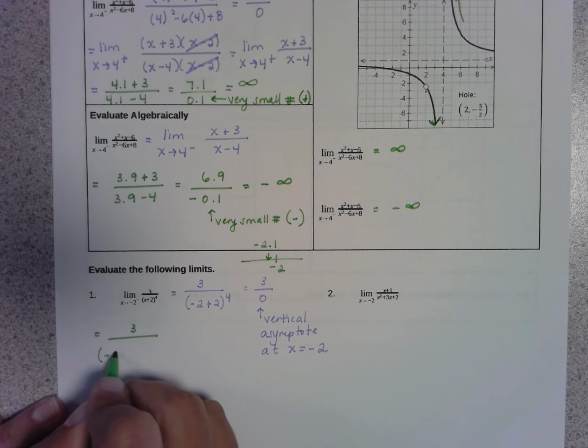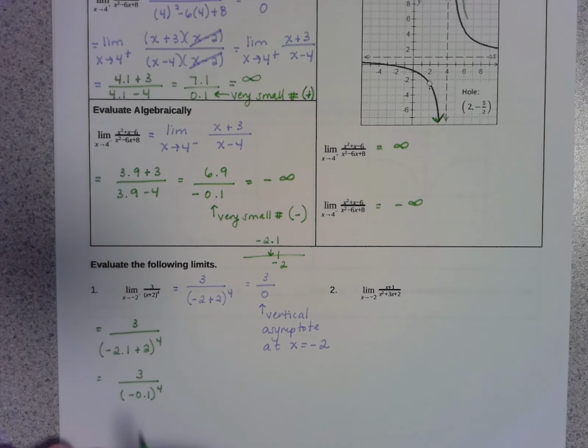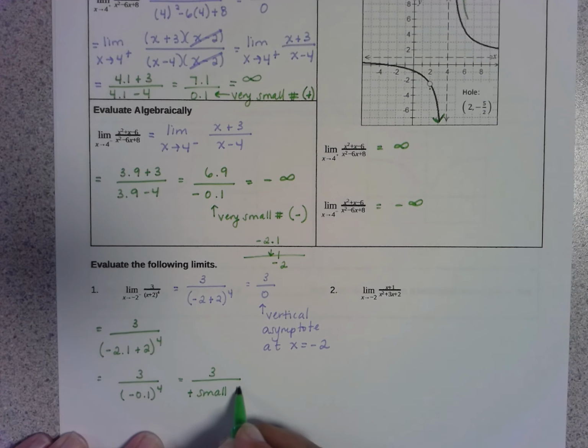Now, negative 2.1 plus 2 would be negative 0.1 to the 4th. And what we need to know is that when we raise negative 0.1 to the 4th power, this ends up becoming positive. So we end up with 3 divided by a positive small number. Now, when we have 3 divided by a small positive number, we're going to get positive infinity as the final answer for my limit.